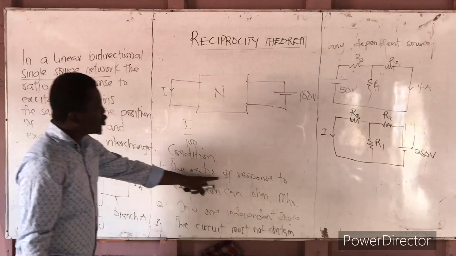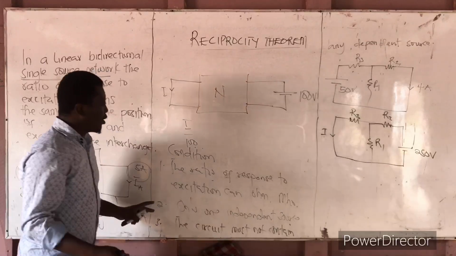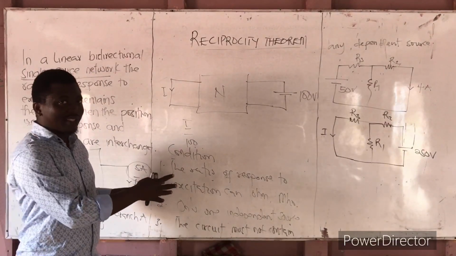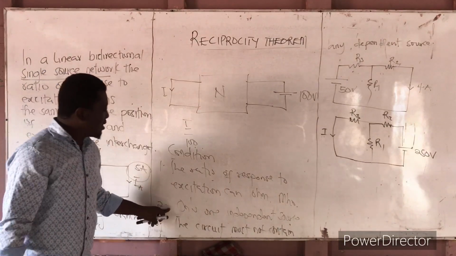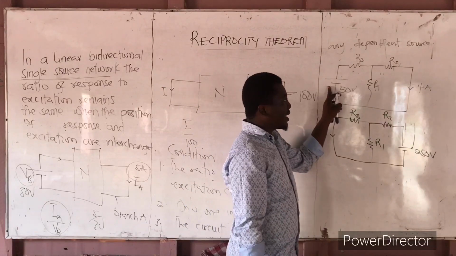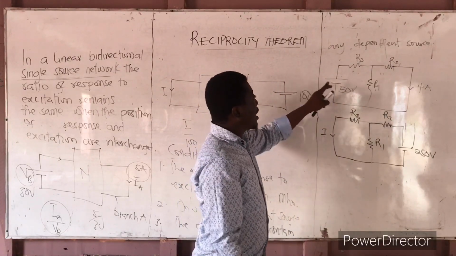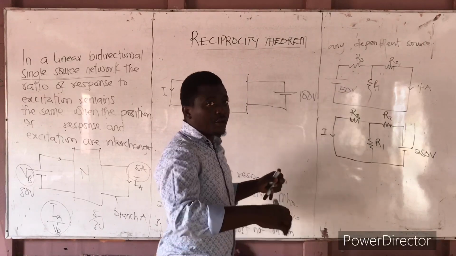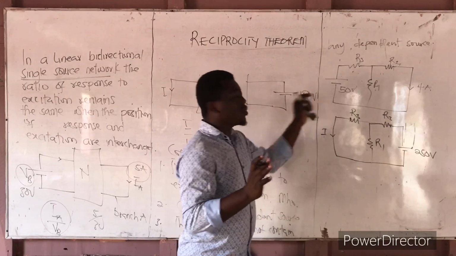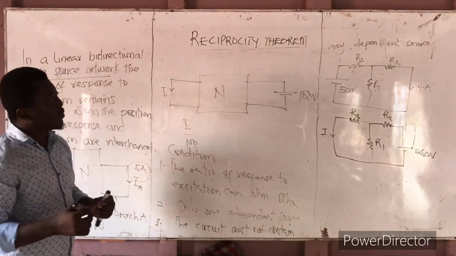First, the ratio of response to excitation can be ohmic or mho. Then, only one independent source: if you come here, you can see only one independent source, there is no other independent source, and there is no dependent source in this circuit. So it means we can apply the reciprocity theorem.